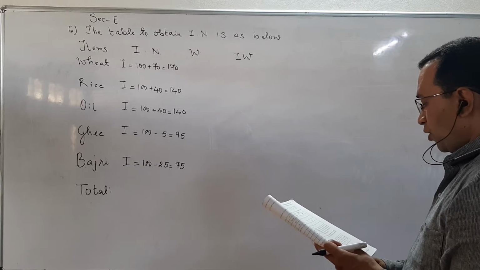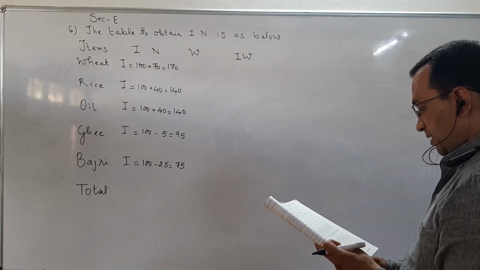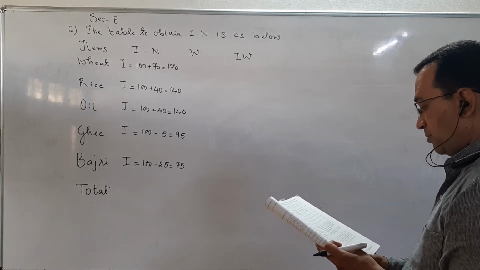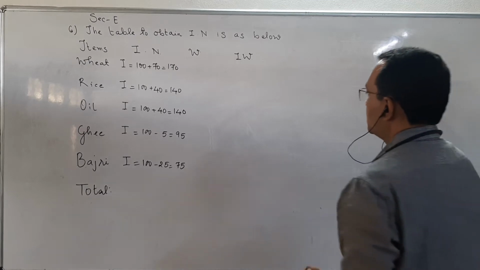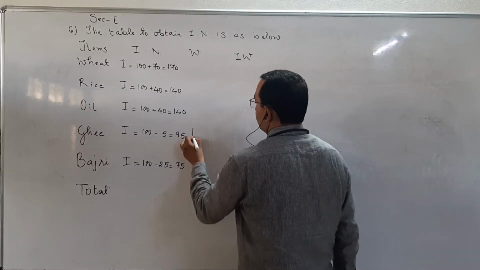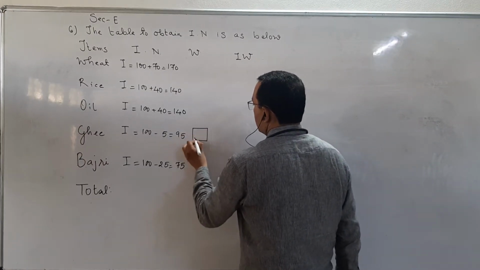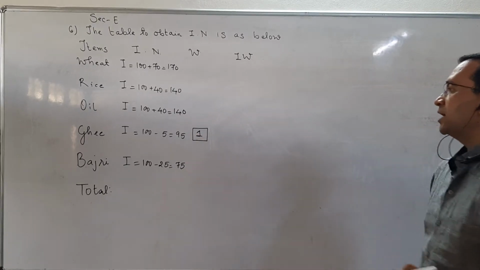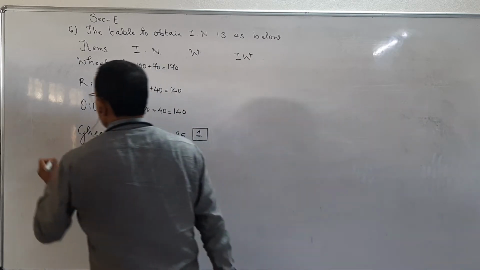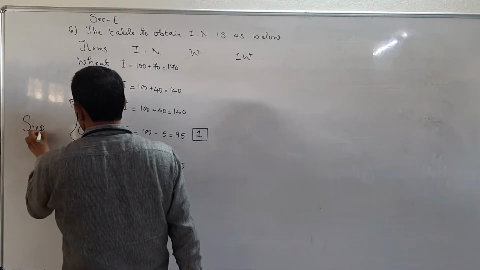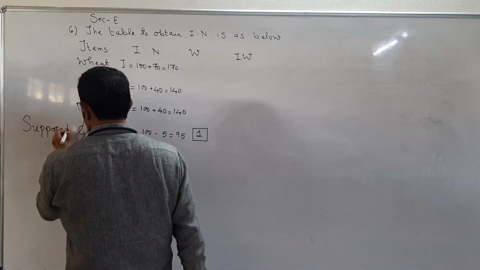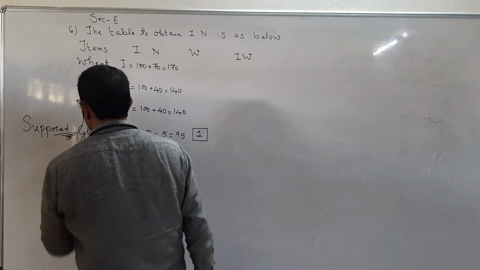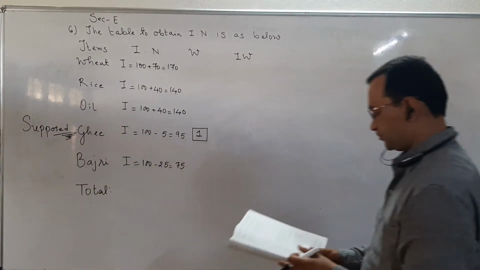The importance of oil is 3 times and of rice is double that of ghee. So it is given relative to ghee. Let us suppose that the importance of ghee is 1. We have supposed, students, I am writing here, we have supposed that importance of ghee is 1.